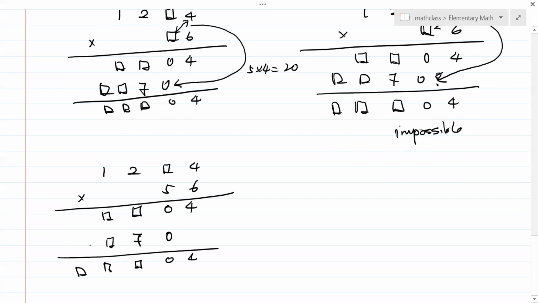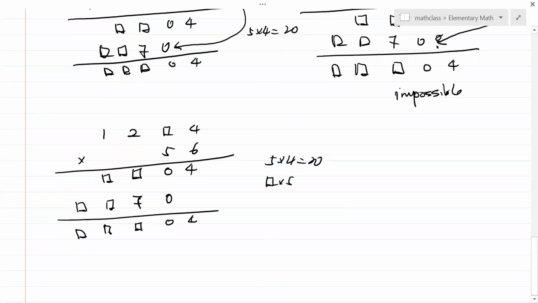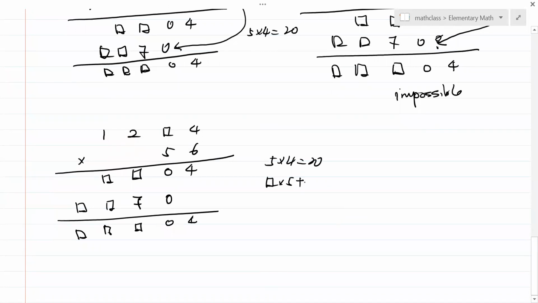Let's figure out the rest of them, okay? 5 times 4 is 20. So you have the 20 here, right? Then 5 times that number, plus 2, should be equal to 7, because you get 2 from the previous product. So you want to get 7, right?